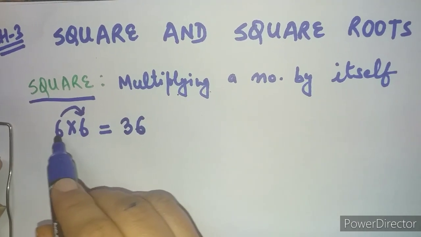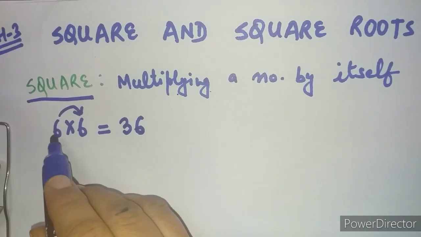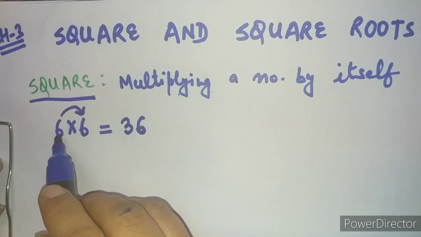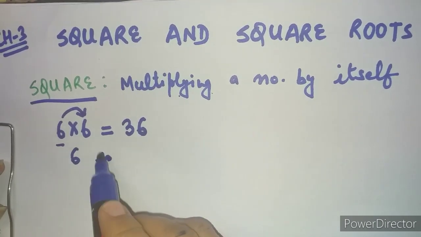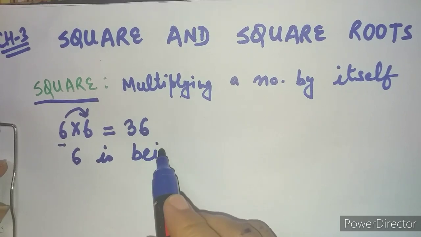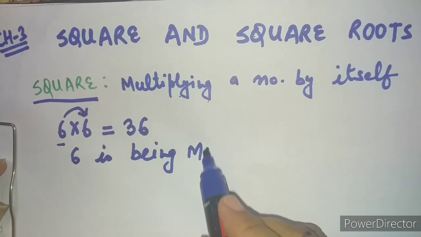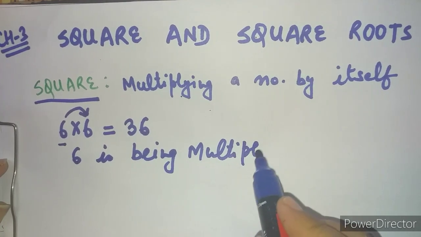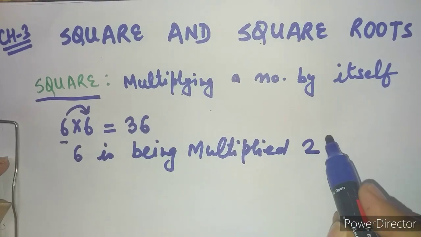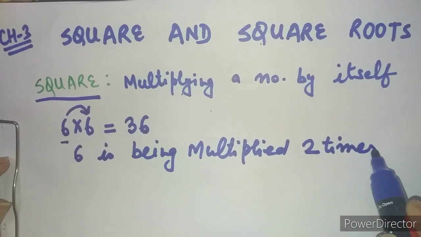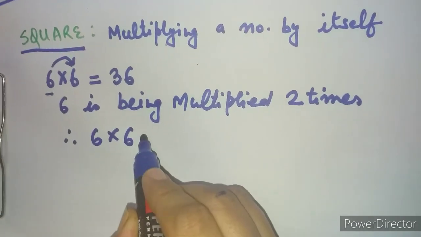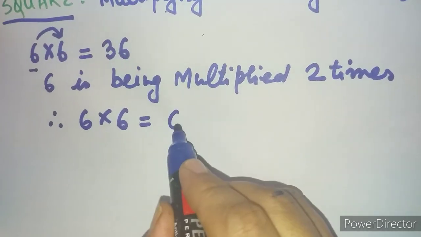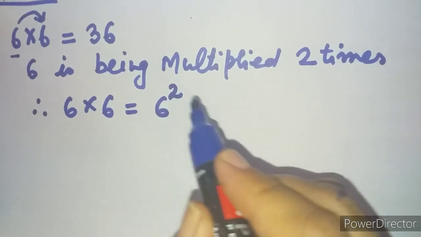Now, in order to write it in a proper form, 6 multiplied by 6, because we are multiplying 6, how many times? Multiplied 2 times, okay? 2 times. Therefore, we can write 6 cross 6 in other form as 6 to the power 2.